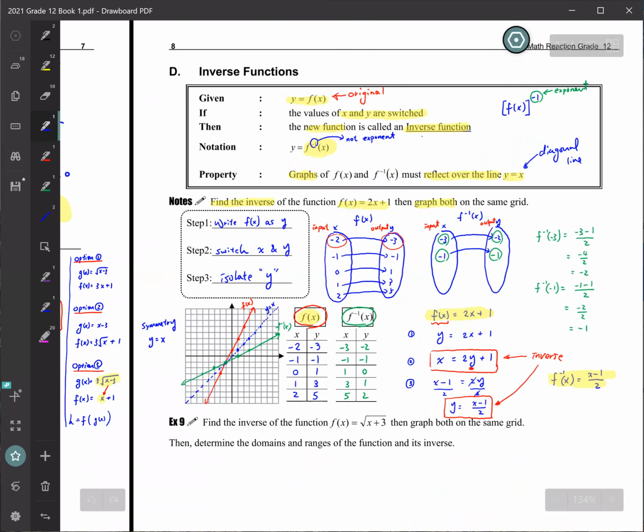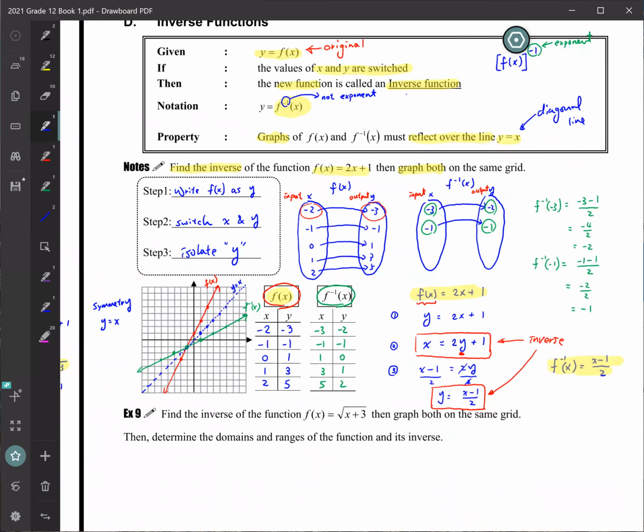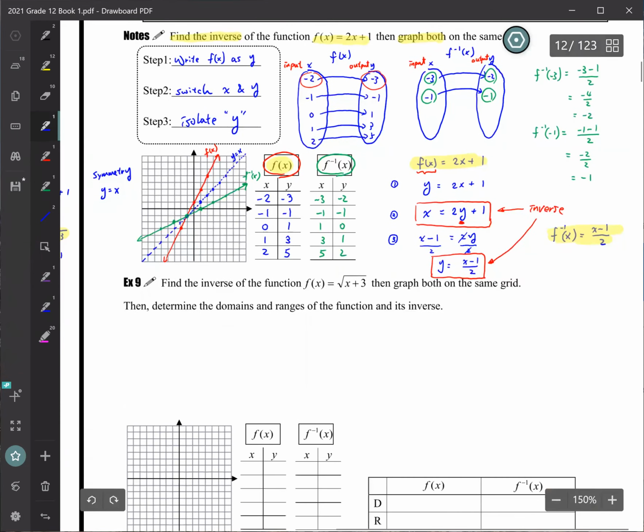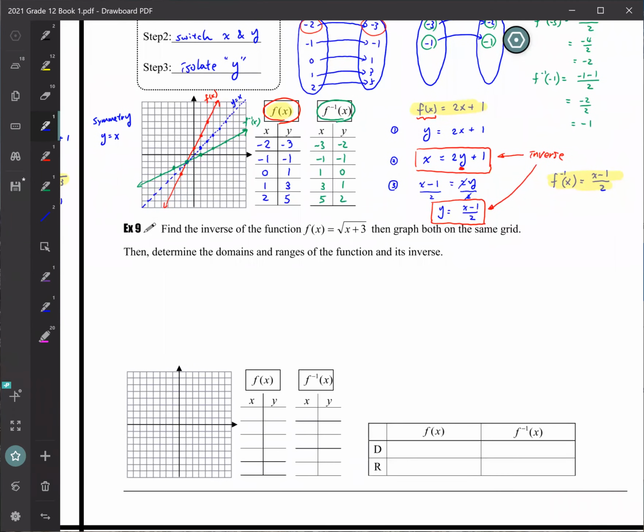For inverse, we're going to try a different one. Each time you will be given a different original and you try to find the inverse. Step 1, write f of x as y. Step 2, switch x and y, and then you need to isolate y. So I'll let you try this one. Don't worry about the graphs yet, just figure out the inverse first.